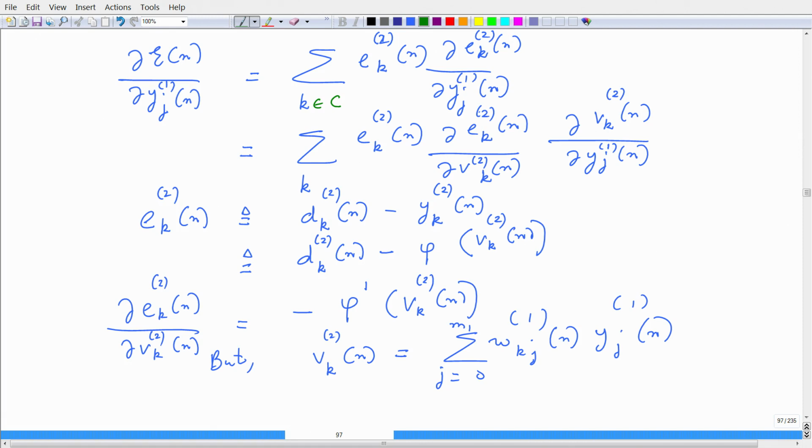And you go further, now it is dEk by dYj. So you split this into two terms, dEk upon dVk times dVk upon dYj. So this is again chain rule.